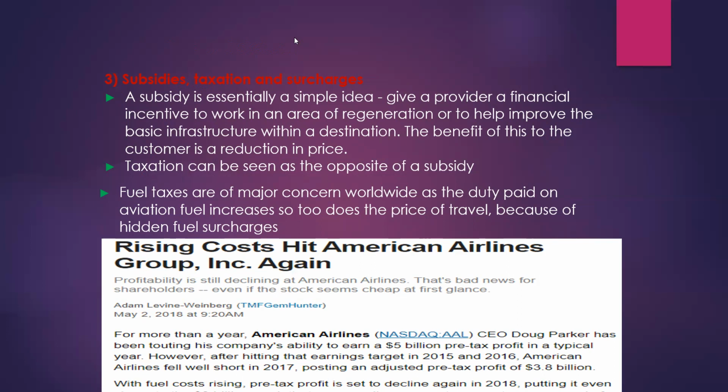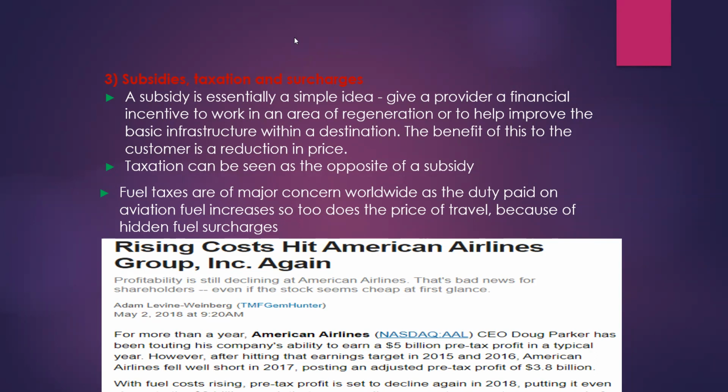Give it back. Okay? So, when the market is failing, they are thought to be failing, governments or governing bodies, what do? They intervene. They come in here to put things right. A subsidy is a simple idea.